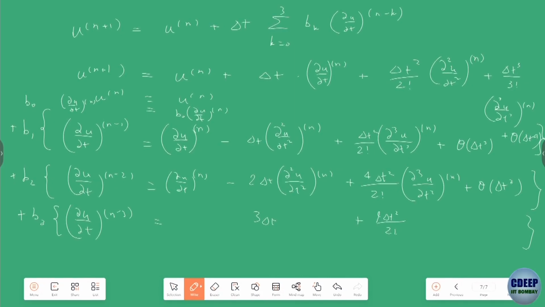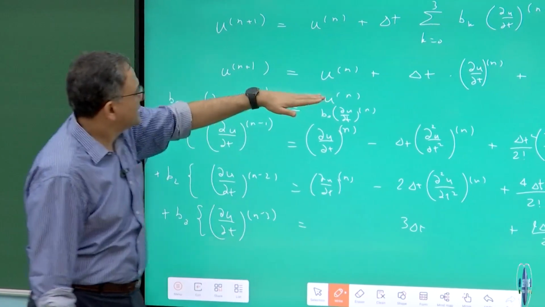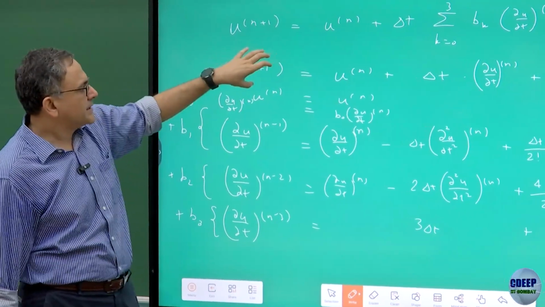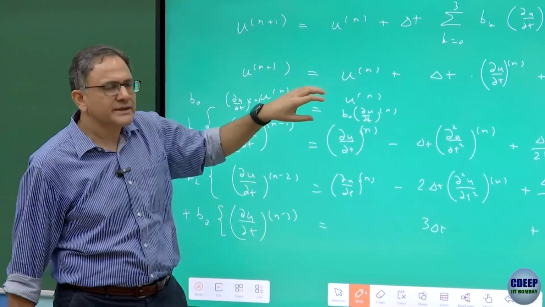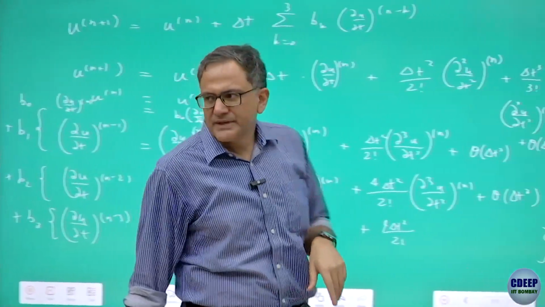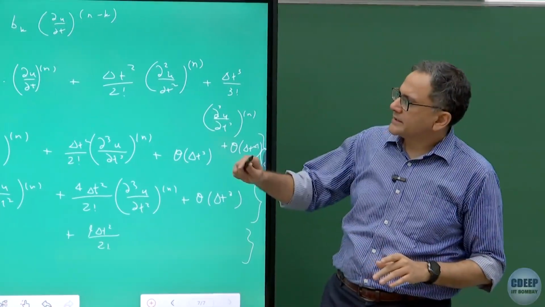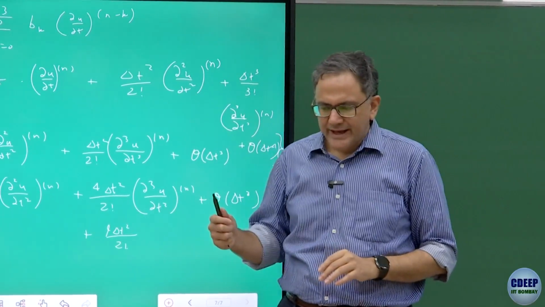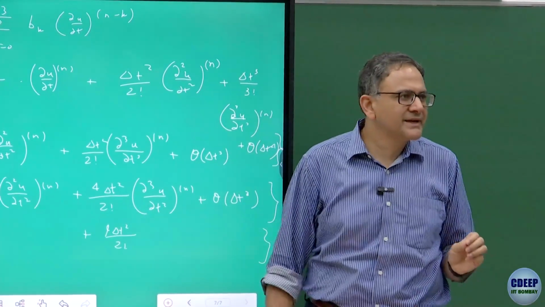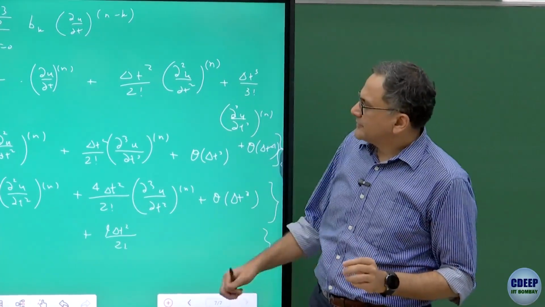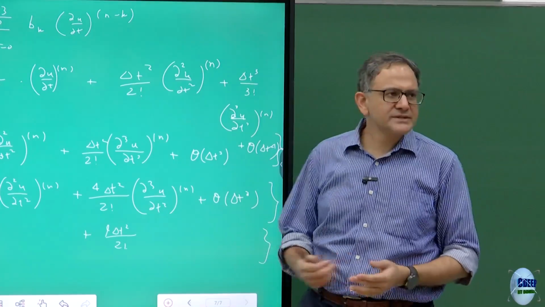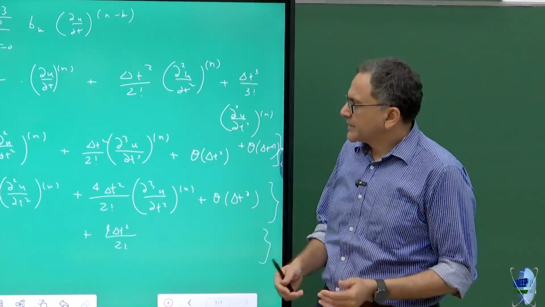So then you evaluate this stencil by just adding all these things on the right hand side and comparing them with the left hand side, and you have to find out the b's from them. So if you were to aim for the maximum Taylor accuracy, then you will have 4 equations and 4 unknowns, but we don't want that.